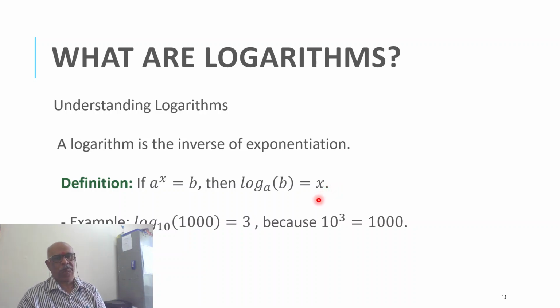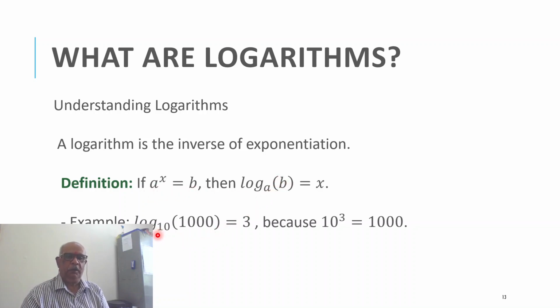What we're saying is, given a number b, if I take its log, the result is the power by which a is raised to give this number. So when I have a to the power x, this will result in b.